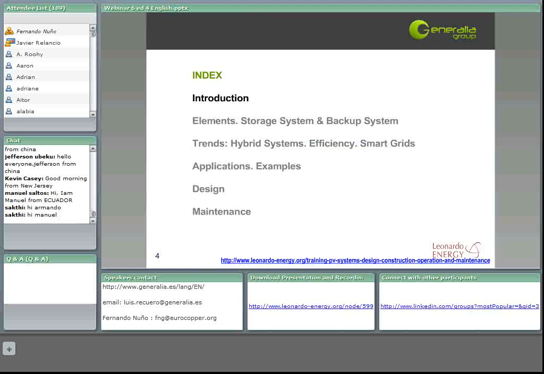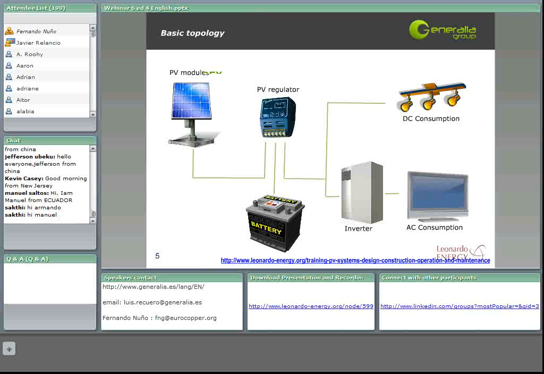So let's start with the introduction for this type of facilities. Here you have a basic diagram that can show you the main elements of an off-grid facility. You can see that we have PV modules like we used to have in grid-connected facilities, but now we have two new types of devices, which are the PV regulator and the battery.